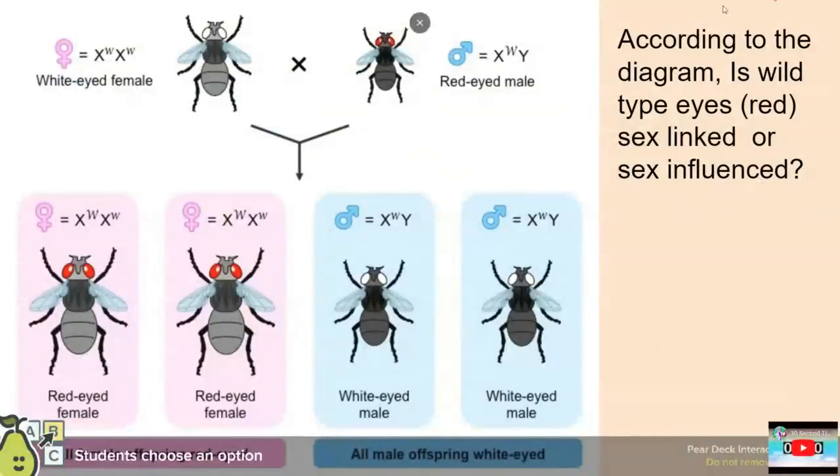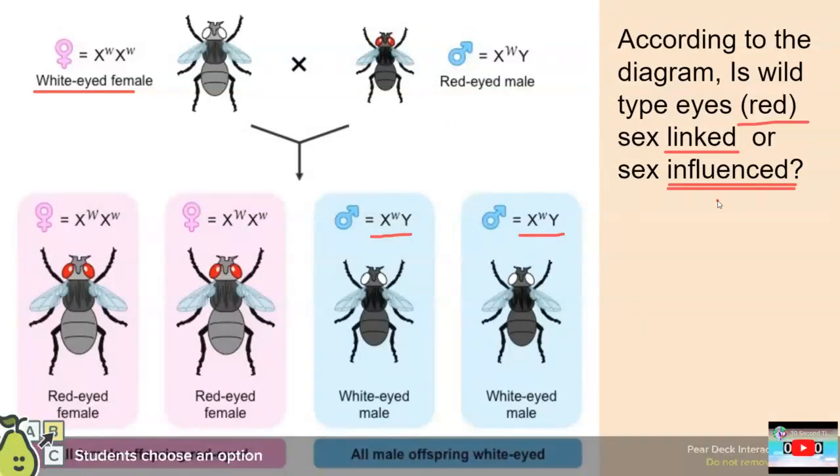So let's look here. According to this diagram, is red eyes sex-linked or sex-influenced? Well, we know that it's sex-linked because here we have a white-eyed female and here we have white-eyed males, or we have a red-eyed male and here we have red-eyed females. If the trait was sex-influenced, it would only be expressed in one gender.